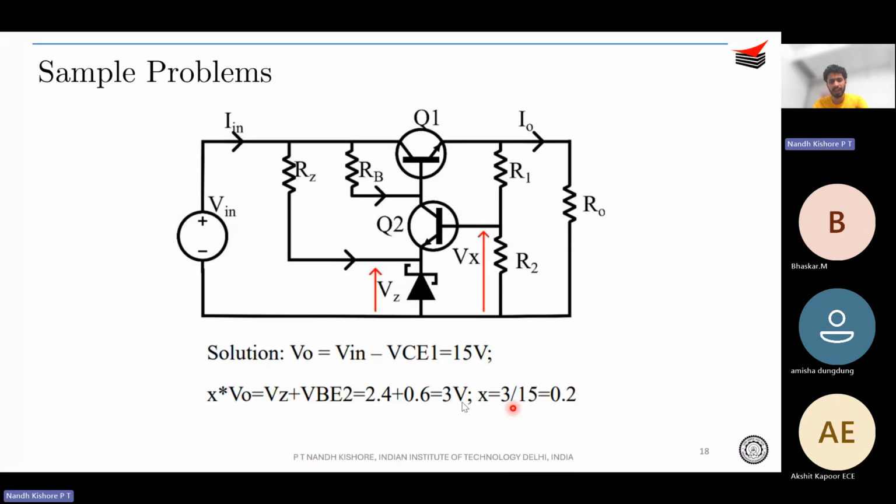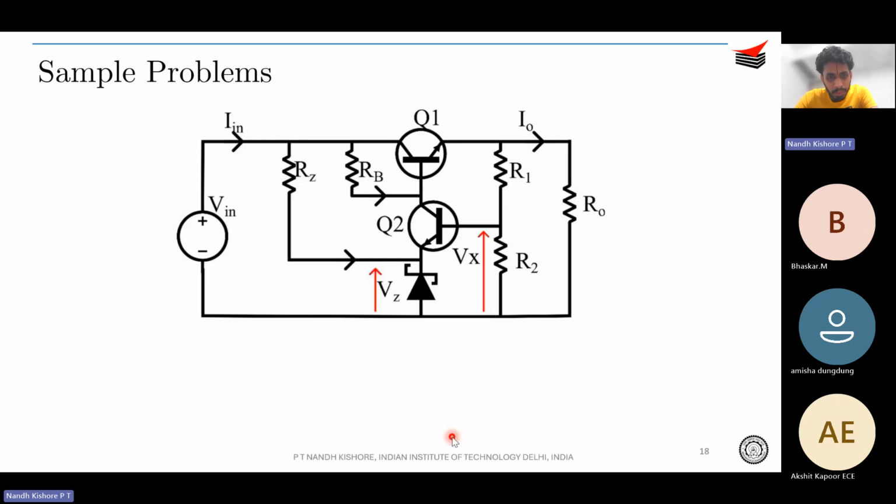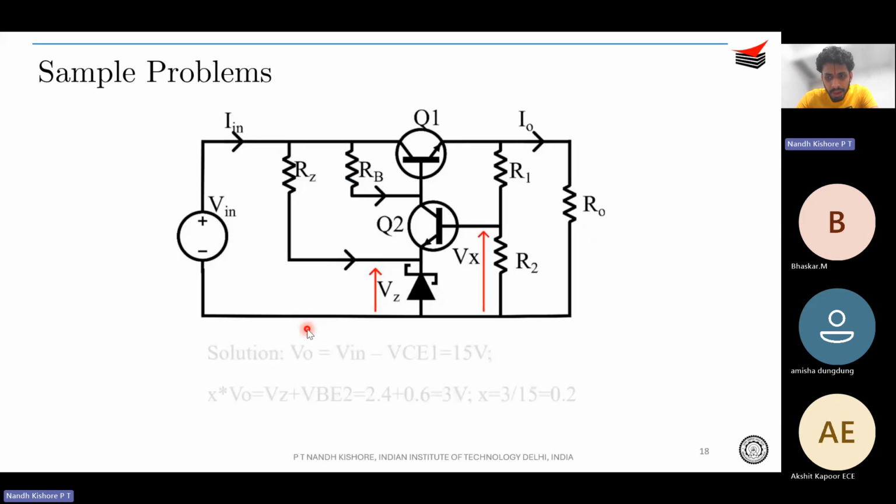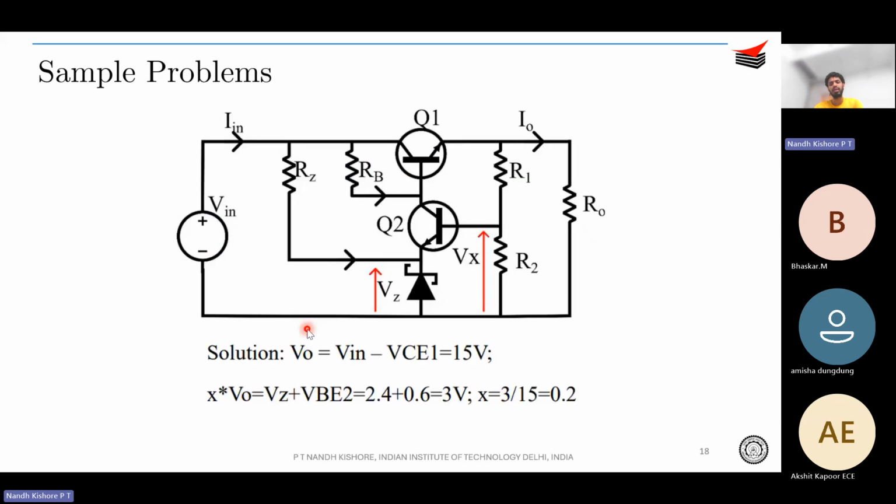So it is simply KVL in the outer loop and KVL in the inner loop. So this is again a very simple question. You can just have a 1 minute look at it, and all the parameters over here are already given in the circuit or given in the problem. So simply KVL application fetches you the answer.